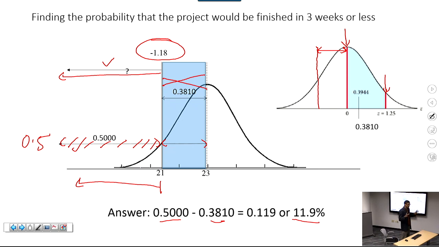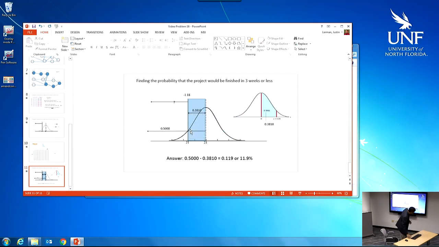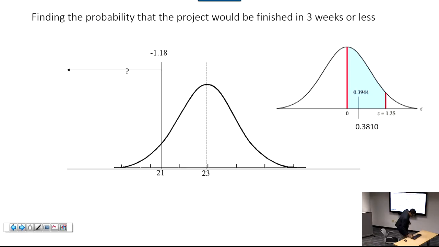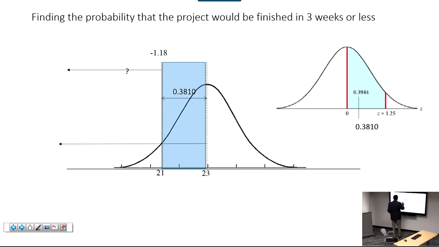And then there are other interpretations that you should be able to draw. So for example, what is this shaded region, right? What is that? Okay? So let me clean this up a little. So we did all this, right? So that area is 0.3810. So what does that represent?